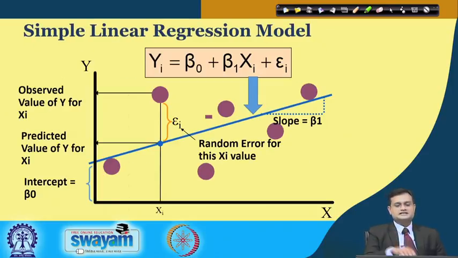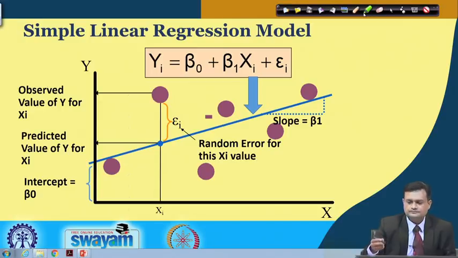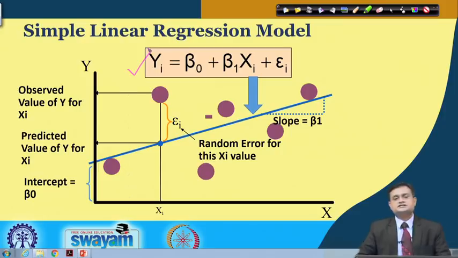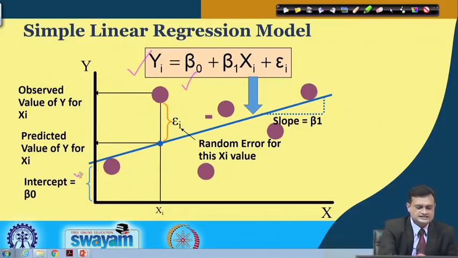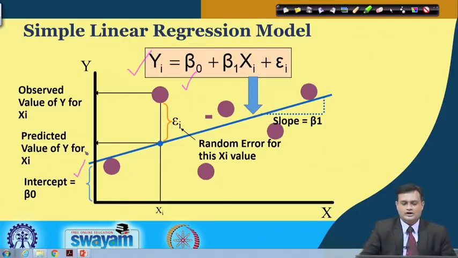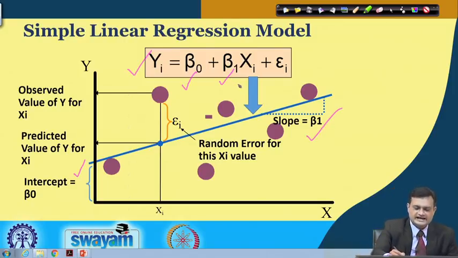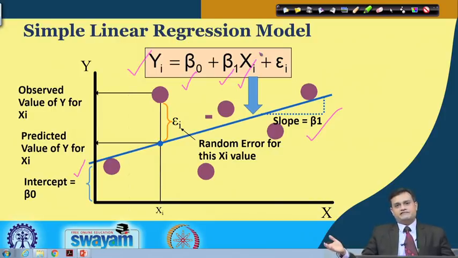Typically it looks like this: you have the yi, which is your dependent variable. You have beta 0, this is the intercept of your regression model. You have beta 1, this is typically the slope of your regression line. You have the xi. So, here the factors, as I said, location, locality, quality of housing, nearness to airport, closeness to hospital.